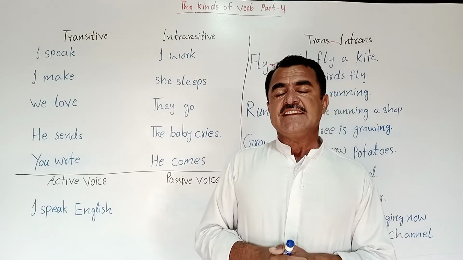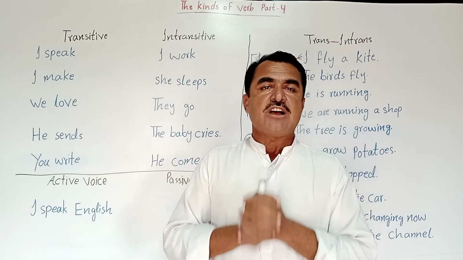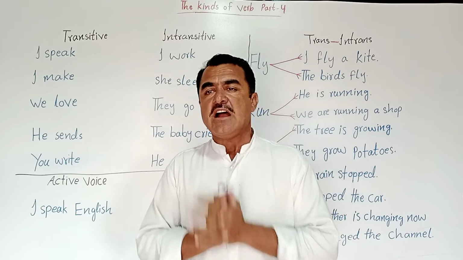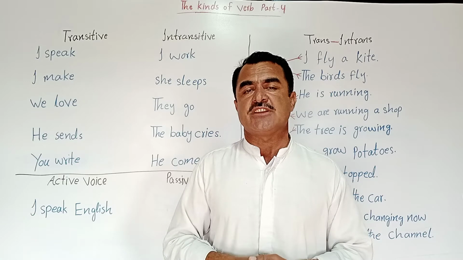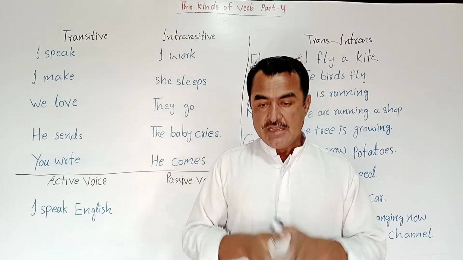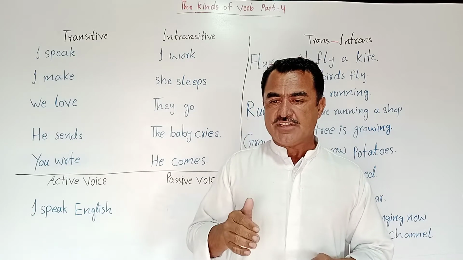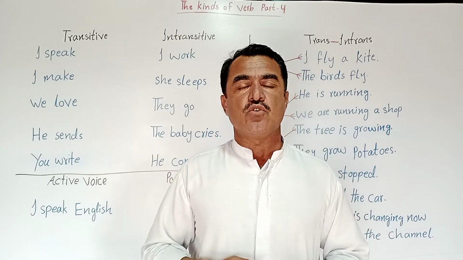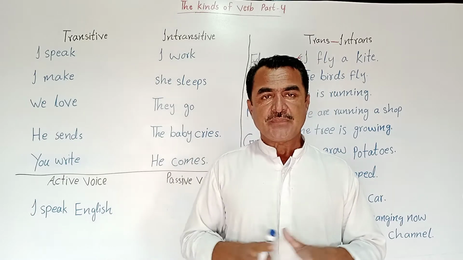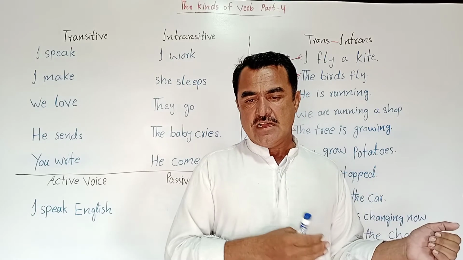The second sign is that transitive verbs are mostly used without prepositions. They have direct access to the object.